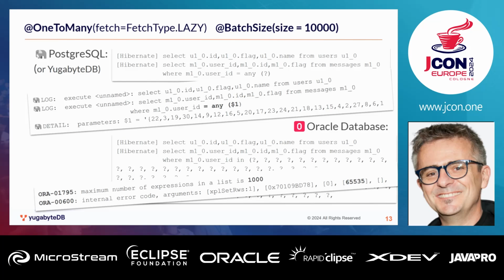If you reach 1,000, then you have this maximum number of expressions. Don't worry, Hibernate can generate many 1,000 statements like that with or between them.